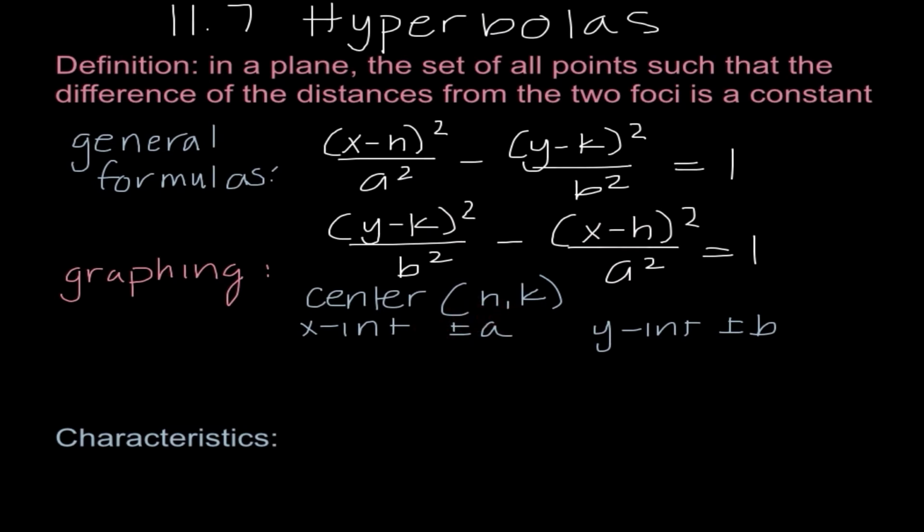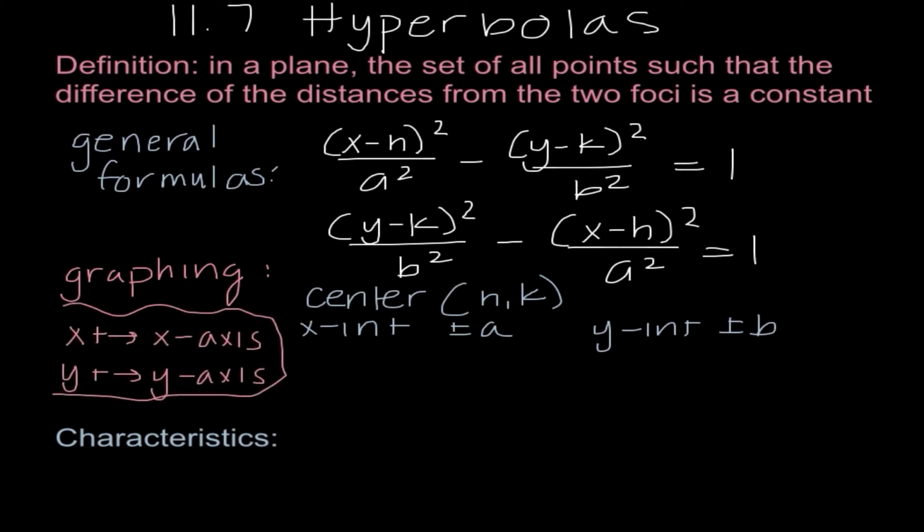Plus or minus a is the square root of our denominator for our x, and plus or minus b is the square root of our y denominator. Now, obviously, we know it's not going to be exactly the same as it was for an ellipse, so there are a few differences. The first one is we need to pay attention to which variable is positive.